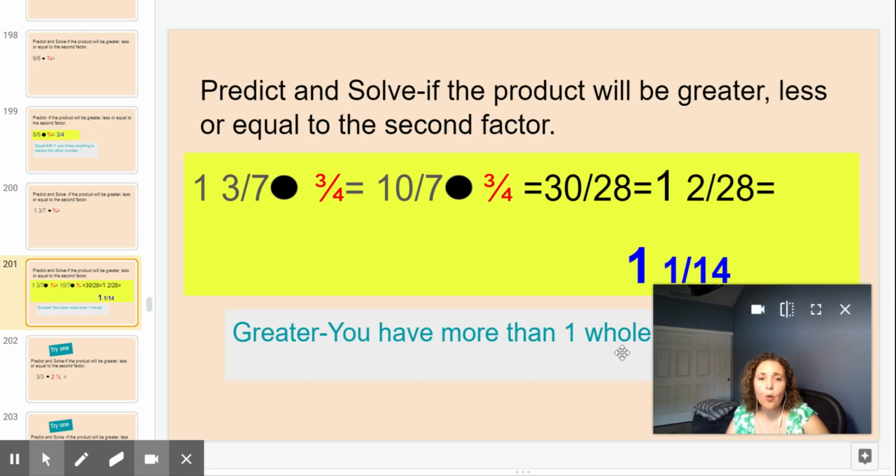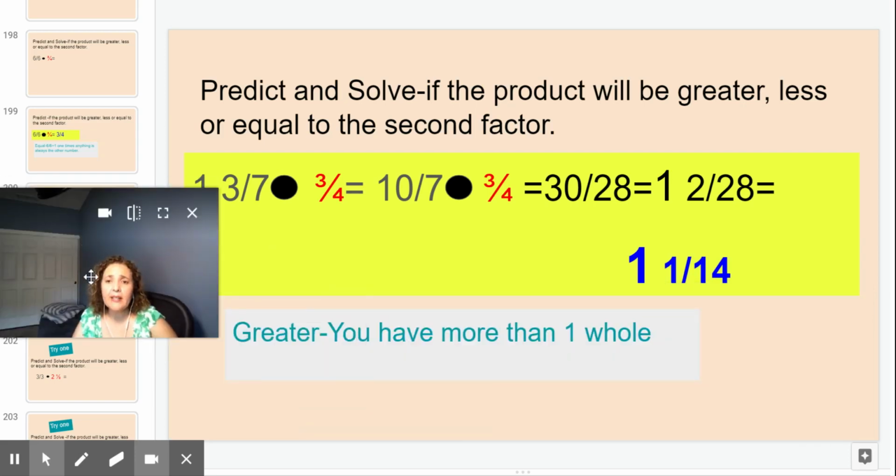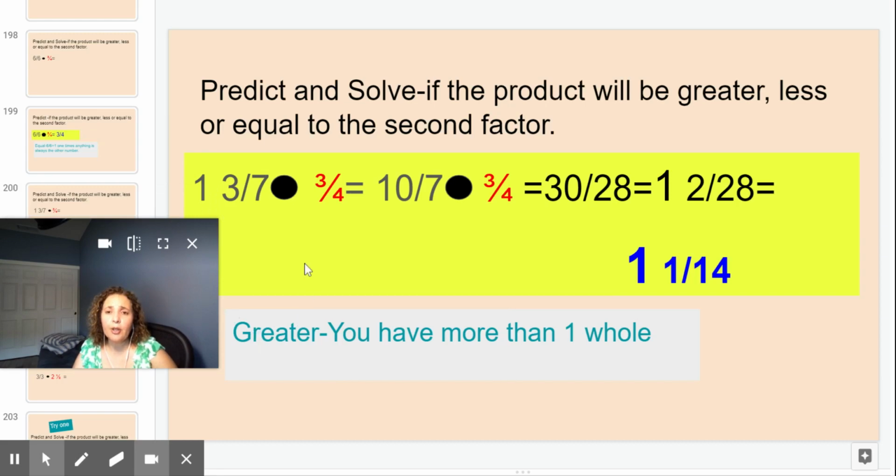So if I have my whole, then it's going to be a little bit different. Notice I went ahead and multiplied it out. For 1 3/7, I got to turn it into an improper fraction: 1 times 7 is 7, plus 3 is 10. I changed it to 10/7 times 3/4.